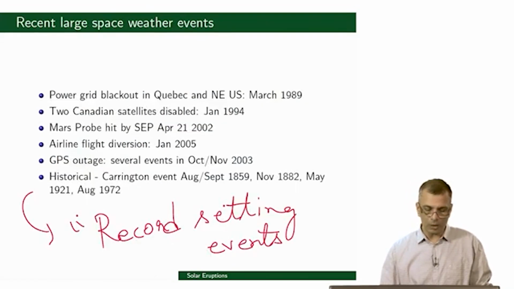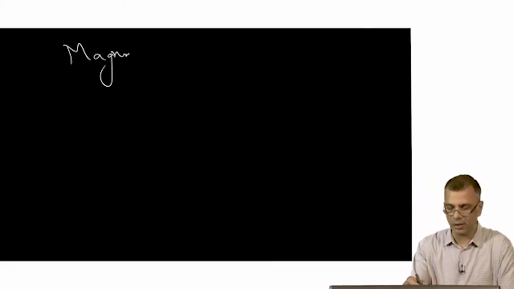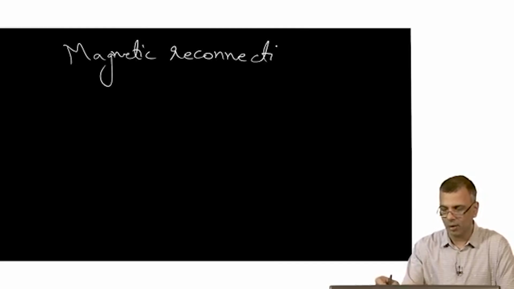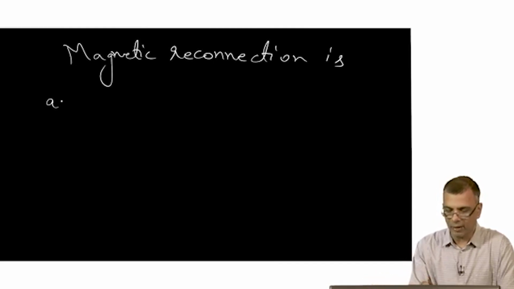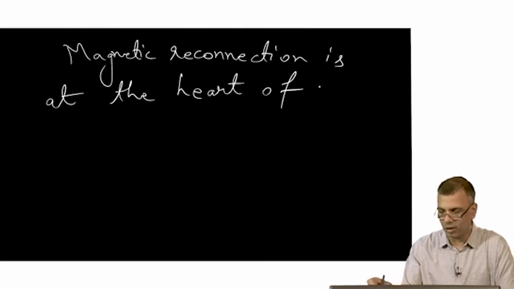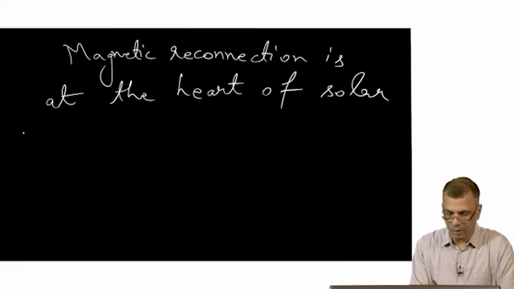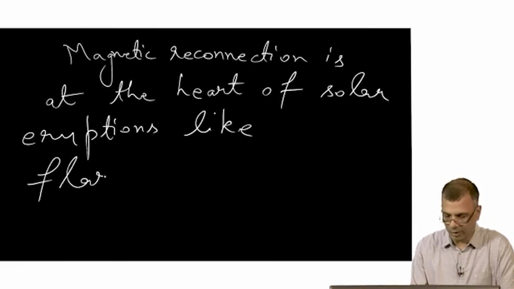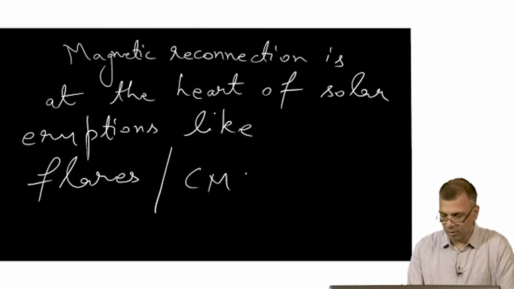So to summarize, as a grand summary, I would say everything that we've been talking about by way of magnetic reconnection is at the heart of solar eruptions, solar eruptions like flares and coronal mass ejections.